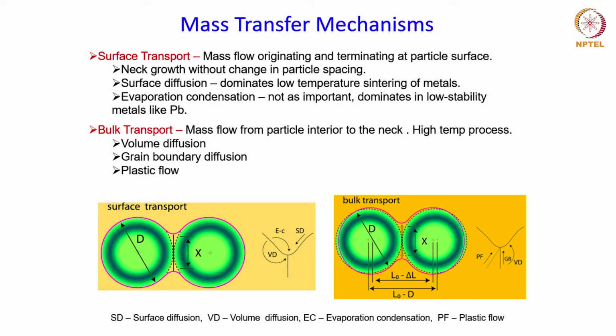The bulk transport mechanisms, on the other hand, lead to shrinkage, and therefore they are the densifying mechanisms, and this can be seen from these two diagrams also. The flow path for the surface transport processes and the flow path for the bulk transport processes, and also the sintering that these bulk mechanisms lead to.